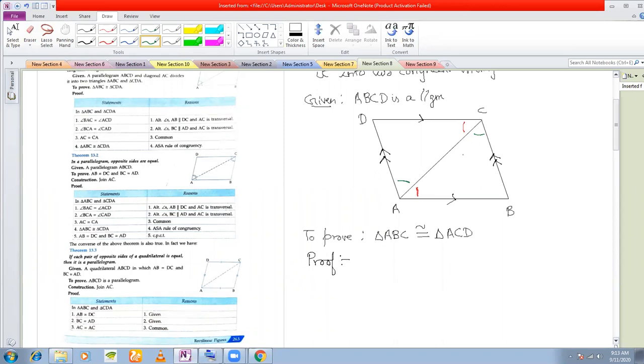And this side AC is the common side. So by what axiom can I prove congruency? Yes, sir, angle side angle. Yes, exactly. Angle, side, angle. Because if you consider any of the triangles, suppose I consider this triangle, you see that this angle is involved here, and this angle is involved, and this included side is involved. This is the included side between these two angles. Therefore, angle, side, angle. So very quickly, let us complete this proof in writing.